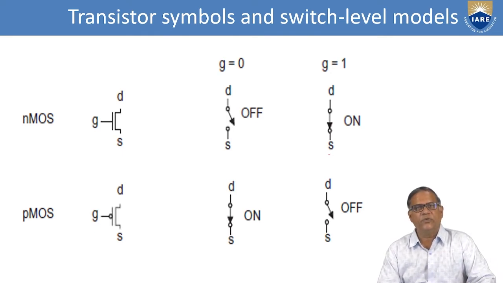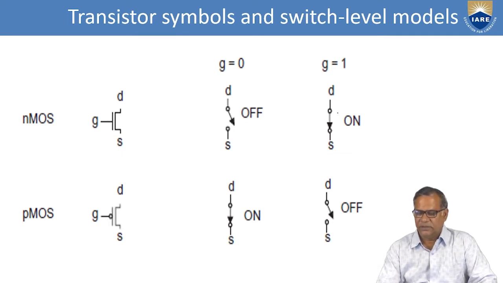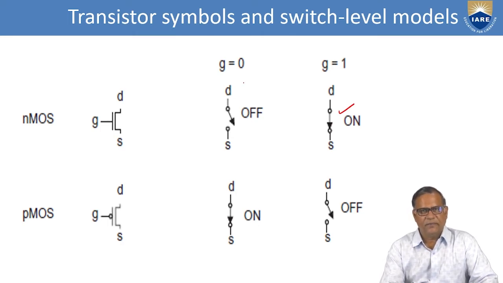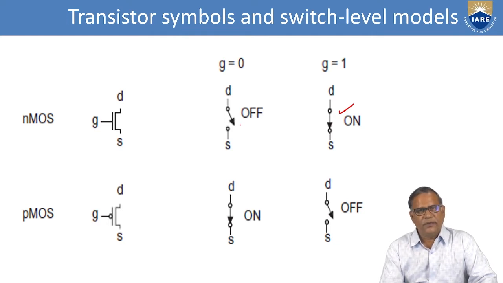If you apply a positive voltage to the gate of N MOSFET, it induces the channel and the MOSFET is turned on. So the switch is closed. Similarly, if zero voltage is applied to the gate, then the MOSFET is not turned on and you can represent it as an open switch as shown here.